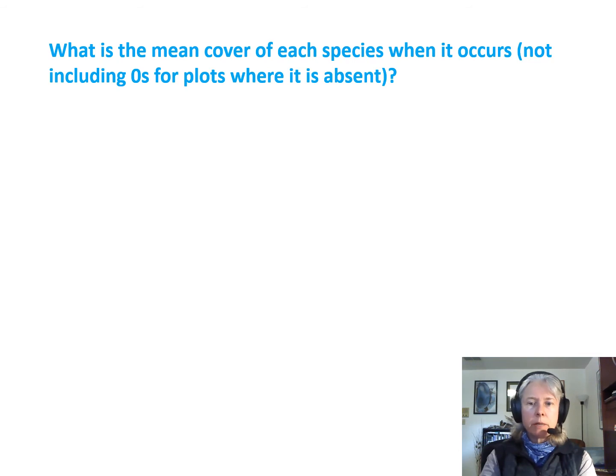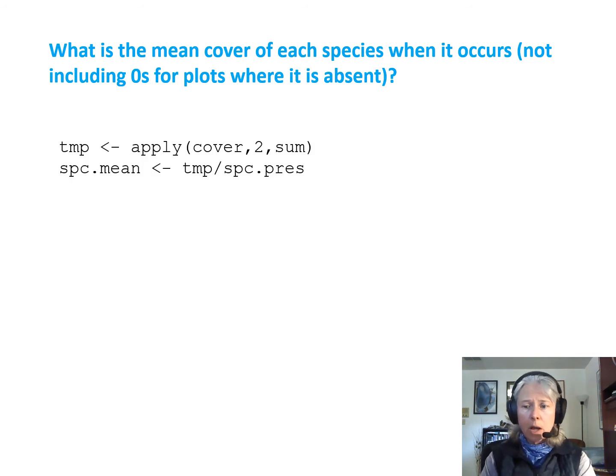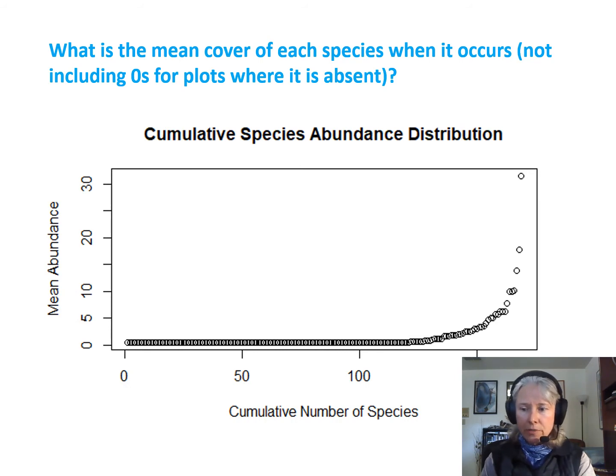So once again, we use the apply function here to calculate the sums of the columns of the matrix veg, starting with column 2, the matrix that we transformed. And then we are dividing by the number of plots in which the species occurs. And when the result is plotted, you get this.